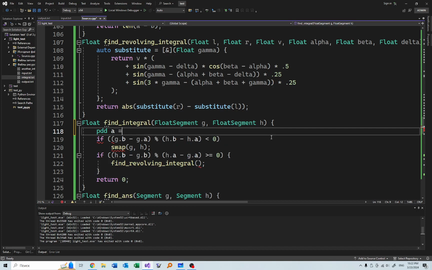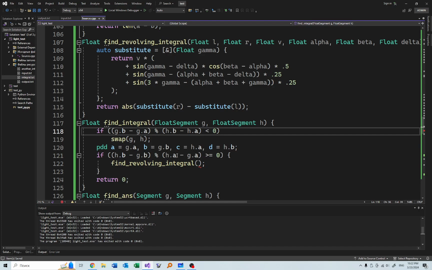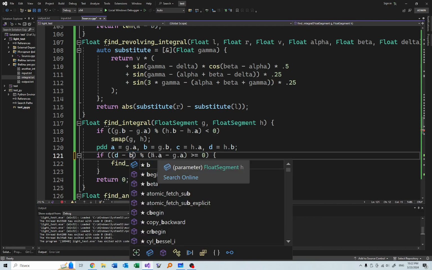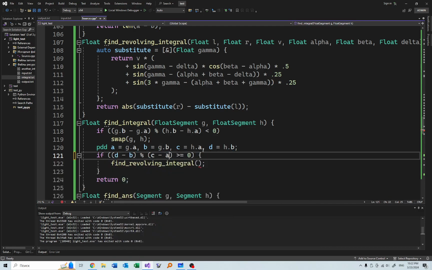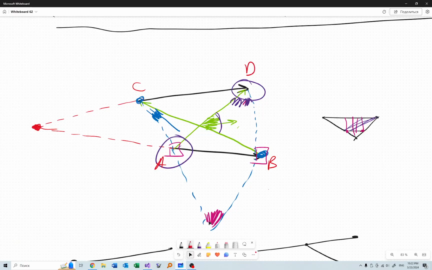So A equals GA, B equals GB, C equals HA, D equals HB. So we have an intersection point here.